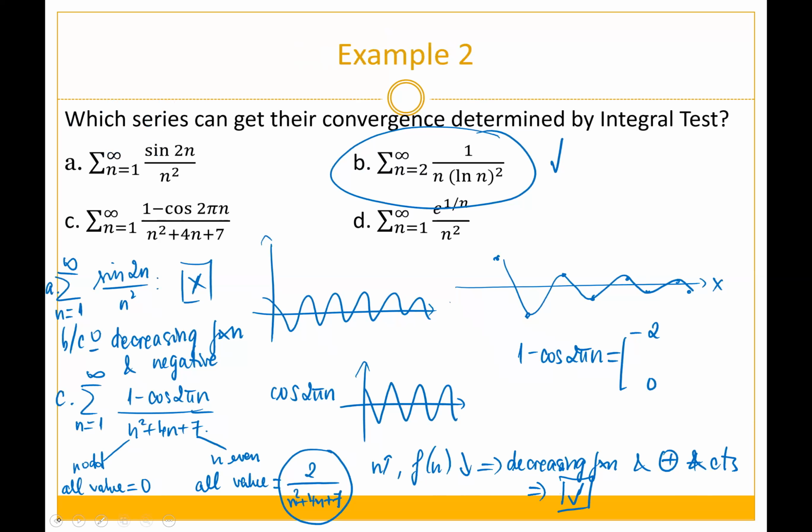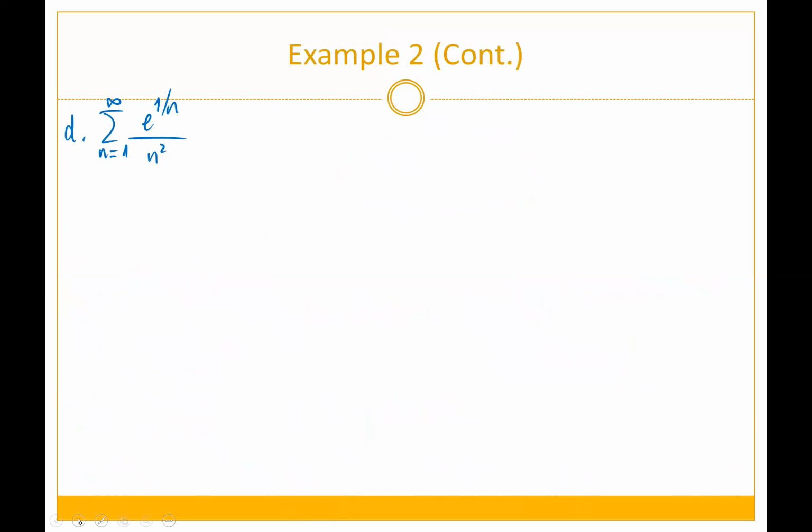Okay, for this, you have to do all the steps again, but you can keep it easy. If you take f of x as e to the 1 over x squared, it is continuous and positive, because e to the something is always positive and x squared is also positive on 1 to infinity. So it works.